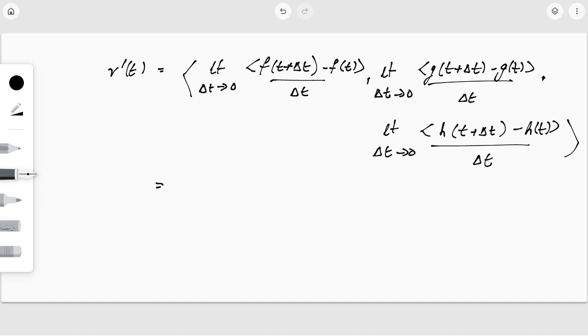Now what are these? These are basically f dash of t, g dash of t and h dash of t.